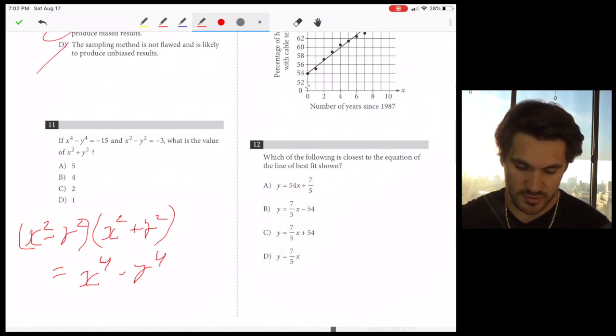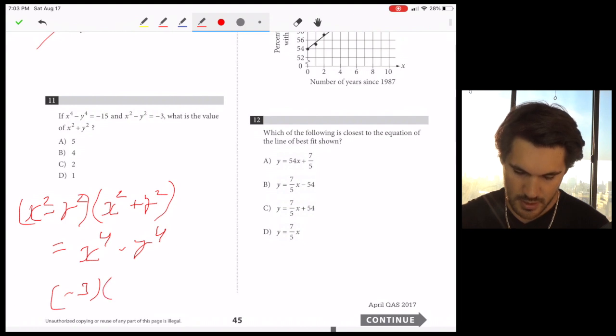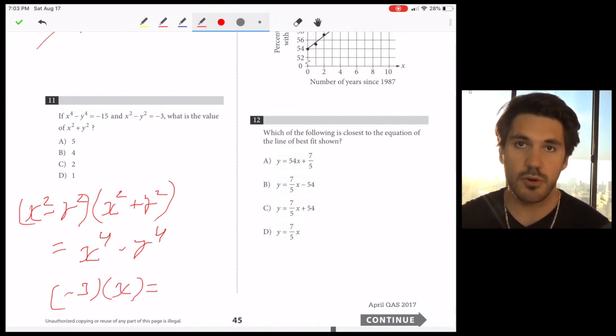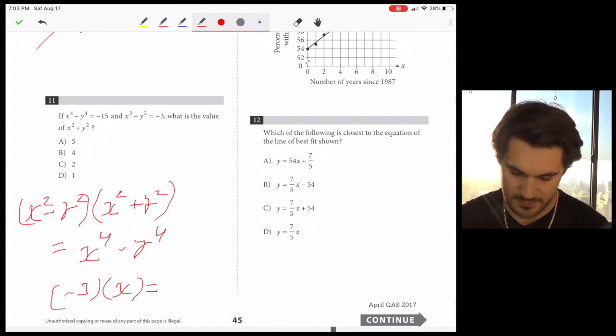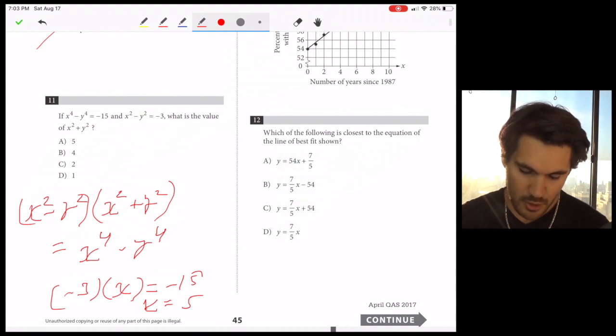In other words, because x squared minus y squared is negative 3, when we multiply negative 3 by something, this has to get us negative 15, because x to the fourth minus y to the fourth is negative 15. So right off the bat, we know x squared plus y squared has to be equal to 5.